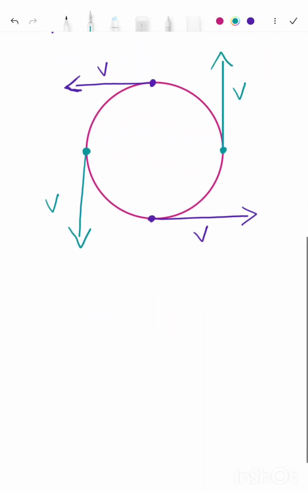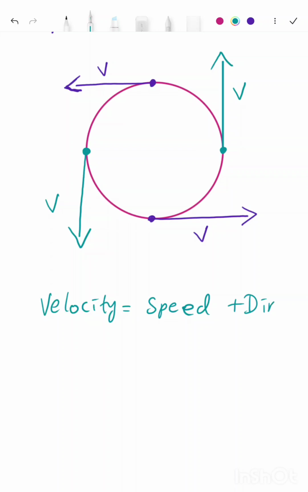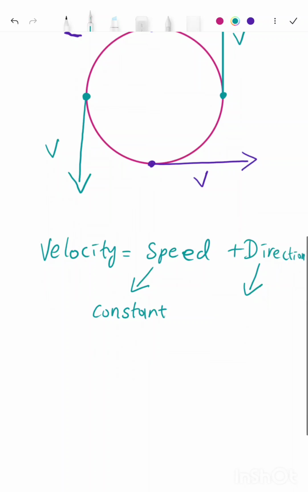So from here we can see that velocity depends upon the magnitude, that is the speed, plus direction. Even if the speed is constant, the direction is not constant. The direction is changing at every single point in the circle.